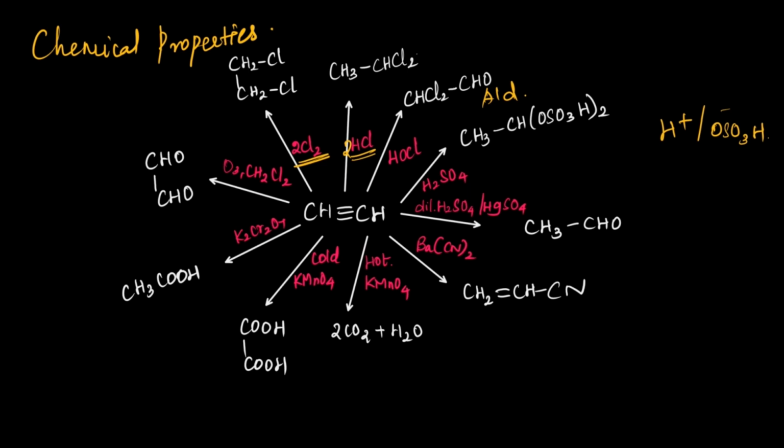Mostly these alkynes are giving addition reactions. In this case, dilute H2SO4 with mercuric sulfate is giving us aldehyde. Oxidation happens, and then barium cyanide, addition of HCN, hot KMnO4. Point to be noted, hot KMnO4 in case of alkenes gave CO2 with H2O.